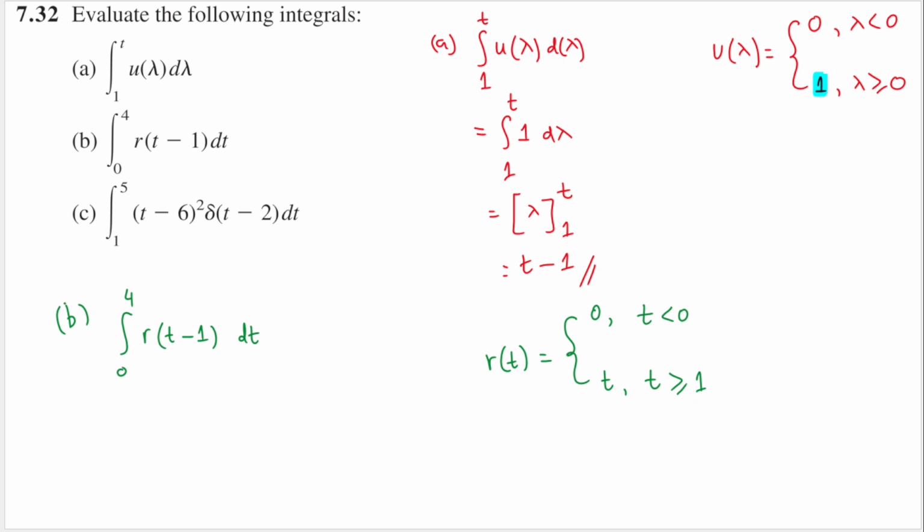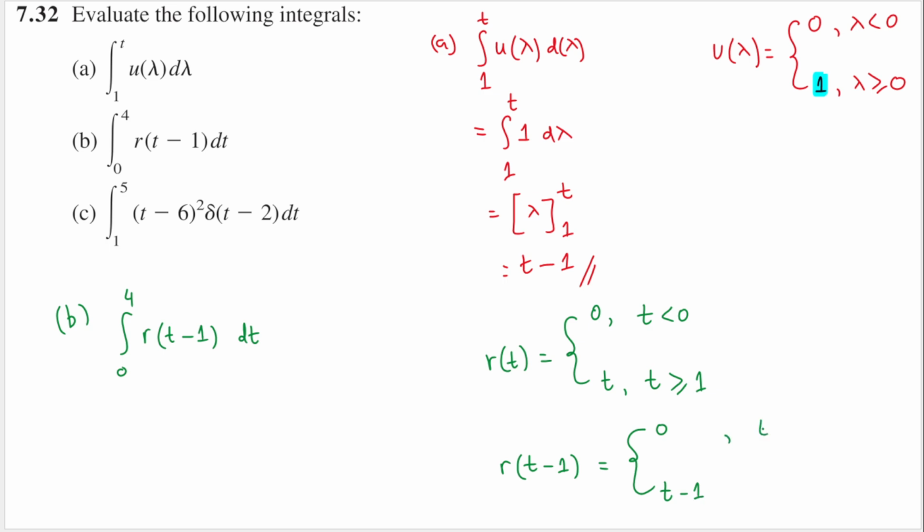But we are not asked about r(t), we are asked about integrating r(t minus 1). So we can plug t minus 1 into this part, and this one will still be 0, and this one, because we changed t into t minus 1, will be t minus 1.